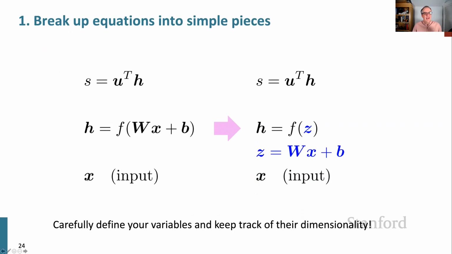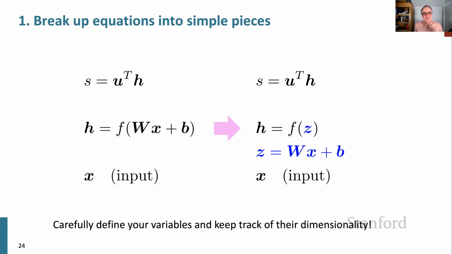So we have the input X, we then calculate the linear transformation Z equals Wx plus B, and then we put things through the element-wise nonlinearity, H equals F of Z, and then we do the dot product with U. It's useful for working these things out to split it into pieces like this, have straight what your different variables are, and to know what the dimensionality of each of these variables is.